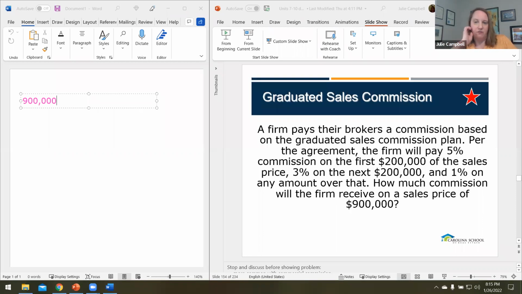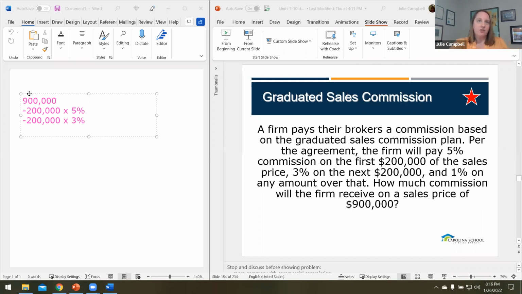So this particular firm pays 5% on the first 200,000, 3% on the next 200,000, and then 1% on whatever's left.